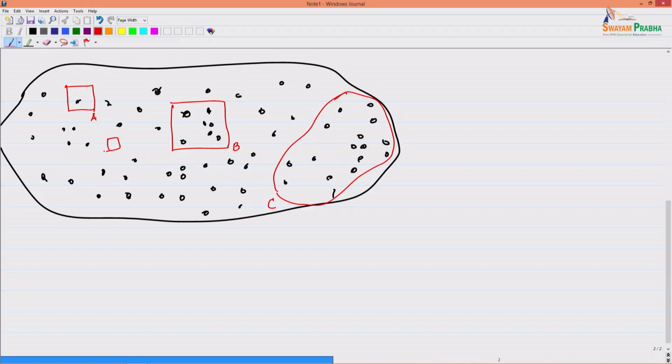Now, let me draw one more. I could also have a volume like this, or for example, this much. Let us look at this D. E doesn't seem to have anything, not a single molecule right there, but it will change. In another instant of time, it will immediately change, because some molecules will be crossing the boundaries and getting in or getting out.